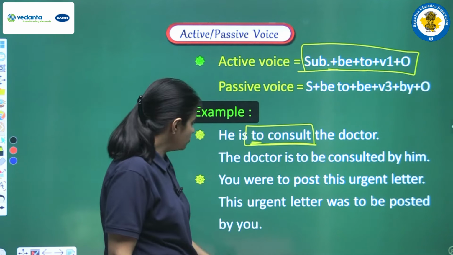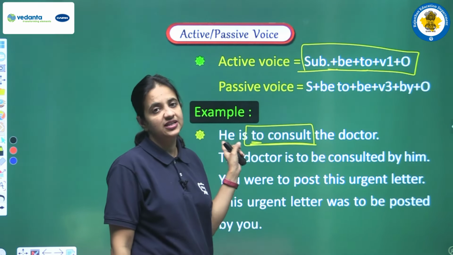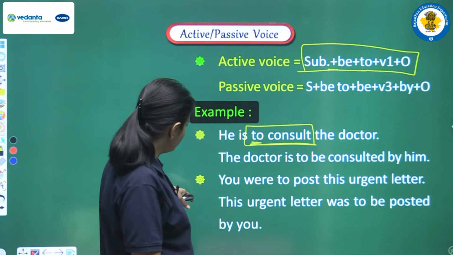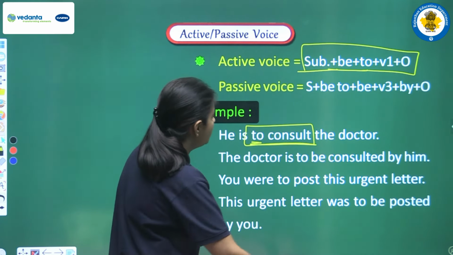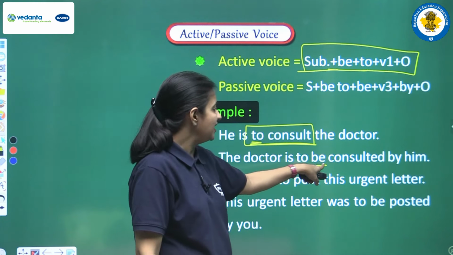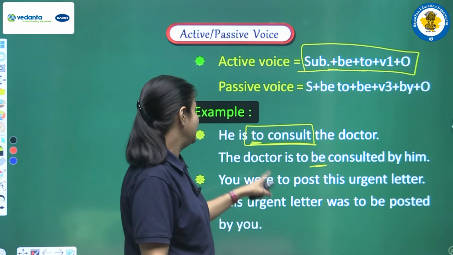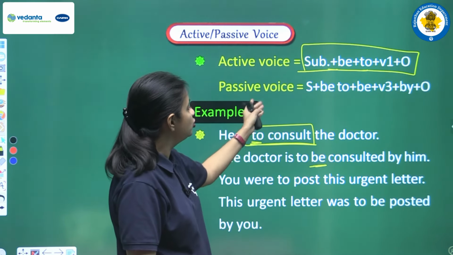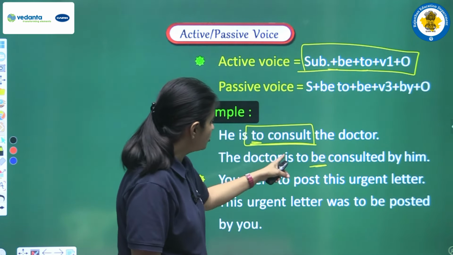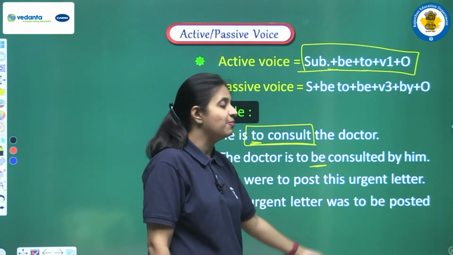Okay, so suppose we are having to plus first form in the sentence of the active voice, then while converting that sentence into the passive voice, what we have to do? We have to write be here. Okay, हमें to के साथ में क्या add करना है? be add करना है. So active voice is he is to consult the doctor and the passive voice will be the doctor is to be consulted by him.